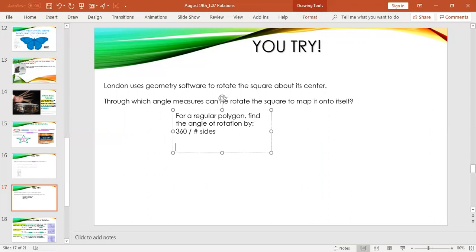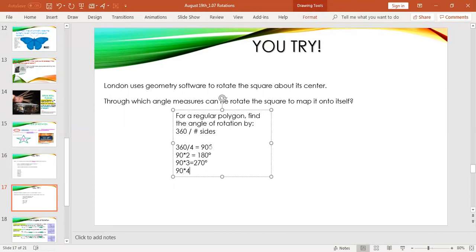So 360 divided by 4 equals 90 degrees. And just remember, you're going to have to multiply that by 2 for the second angle of rotation, and then 90 times 3 is the third angle of rotation, and finally 90 times 4 is a rotation of 360 degrees.